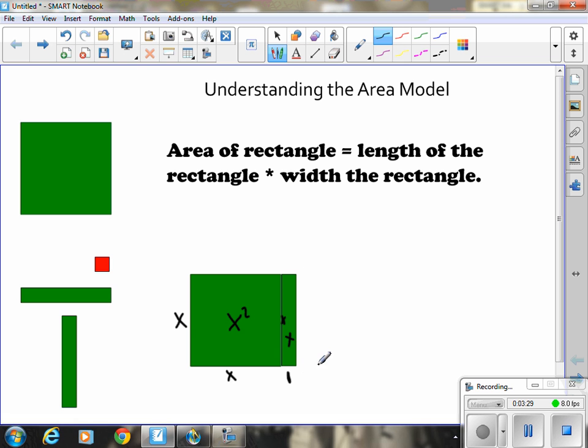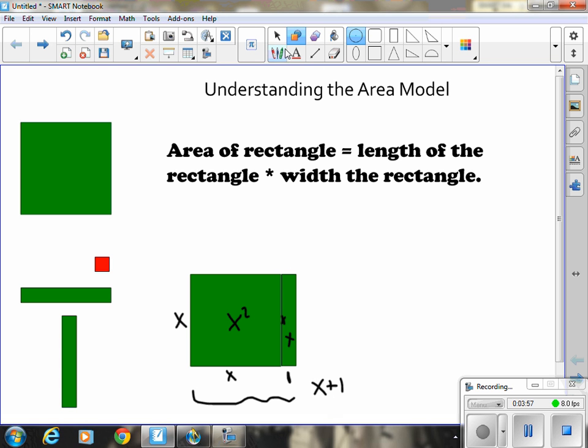It represents the linear terms that are part of a quadratic. And if I think of what I've done to my original figure, I've taken a square and extended it by 1 unit. So now this area model has a length of x plus 1 and a width of x. And we can get a lot from that.